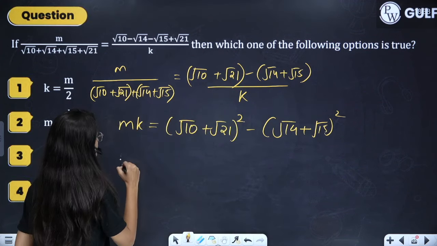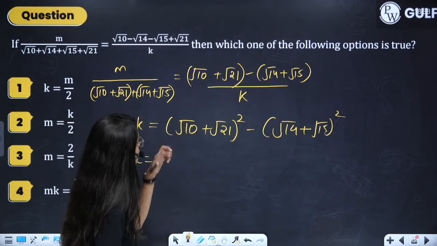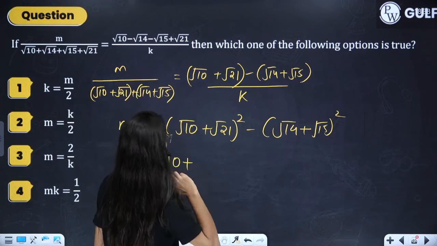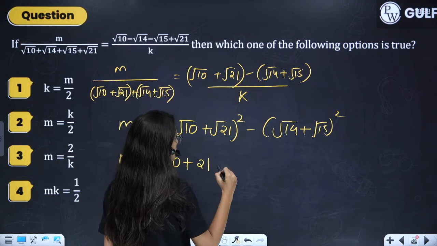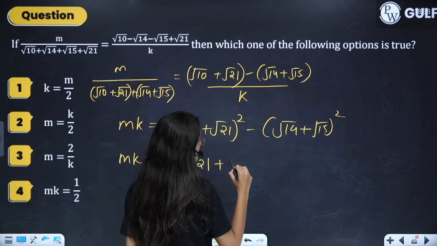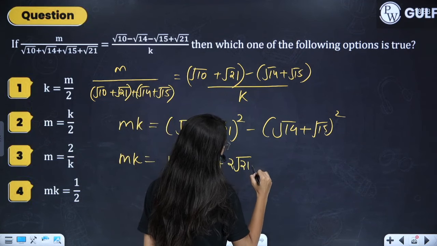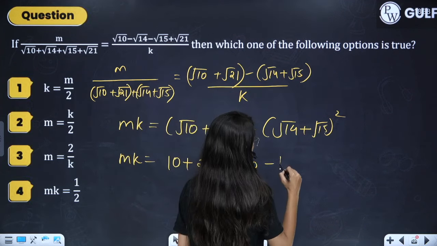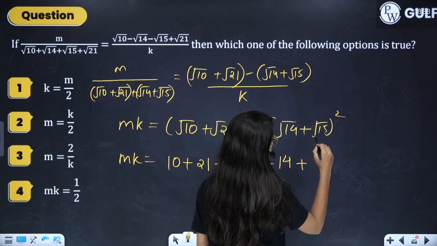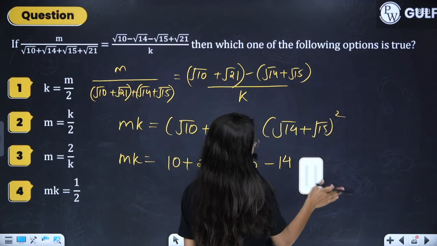So mk equals root 10 whole square, which gives just 10, then here it would be 21 plus 2 root a root b, which is 2 root 210, minus root 14 square, which will be 14, and root 15 square will be 15.